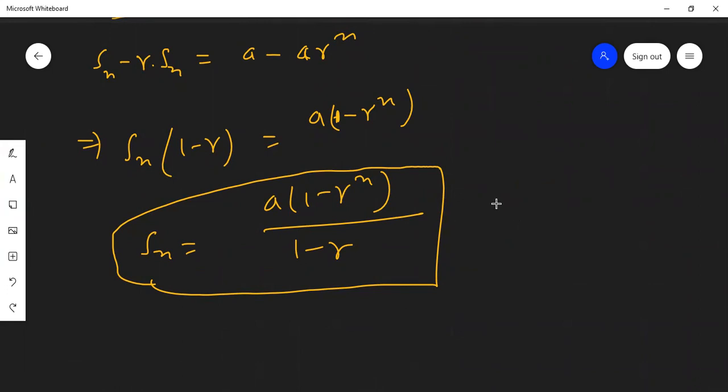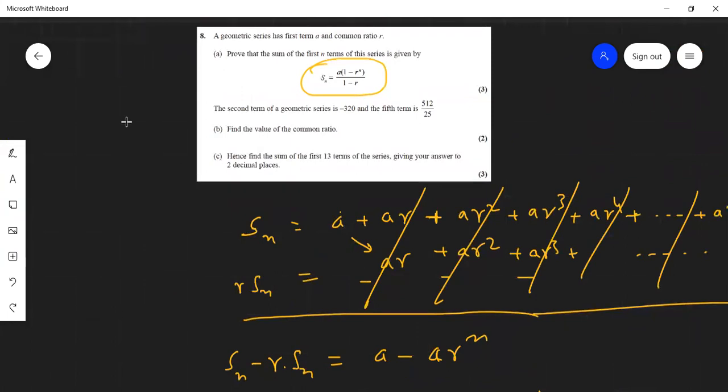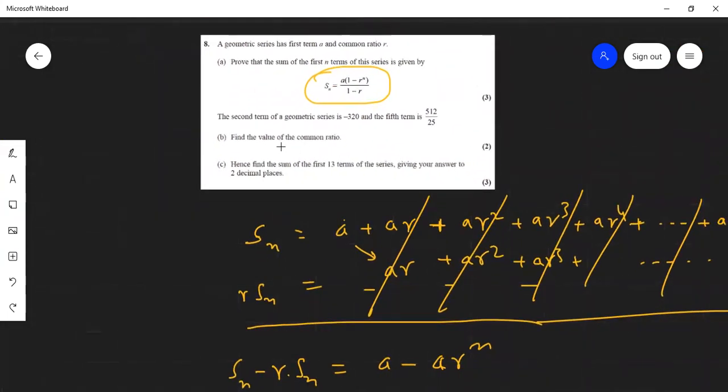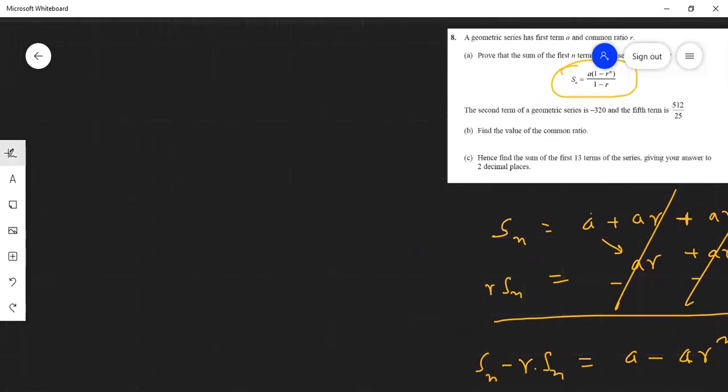In the second part, they were asking to find the value of the common ratio. The second term of the geometric series is minus 320.